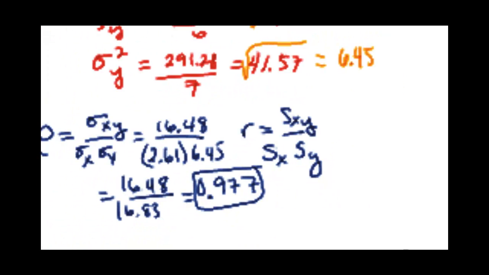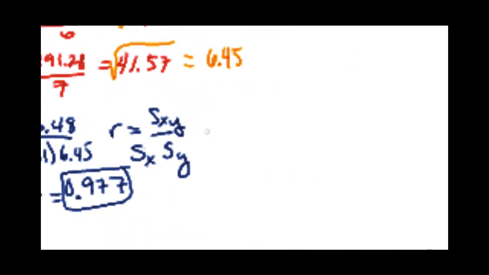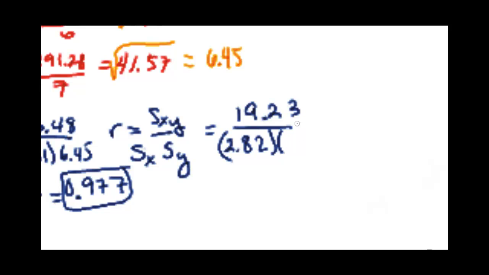And then for the sample, looking down there at the bottom, the covariance for the sample is 19.23 divided by 2.82, the standard deviation for the x, times 6.96, which is the standard deviation for the sample of the y.